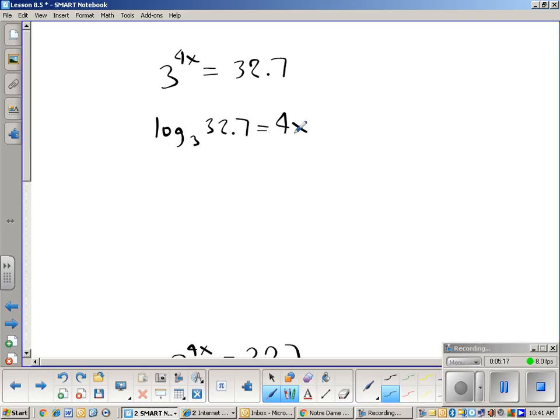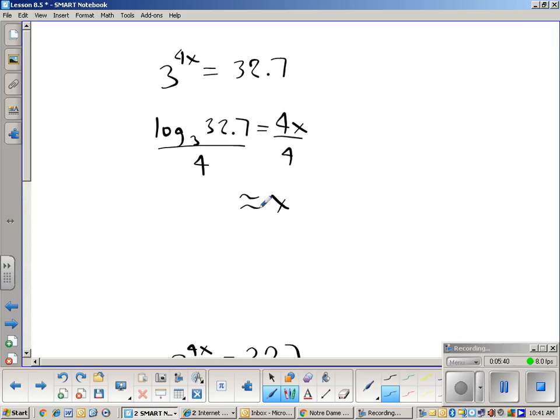Say it. Okay. And if I divide by 4, what do I get? Probably 1.89. No, no, it's not the same problem. Good guess though. So let's try it on our calculator. Use your graphing calculator.